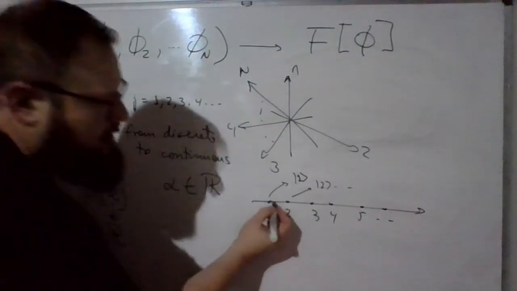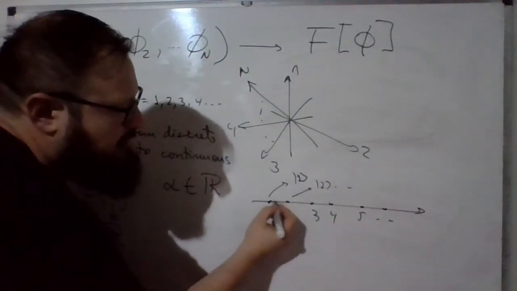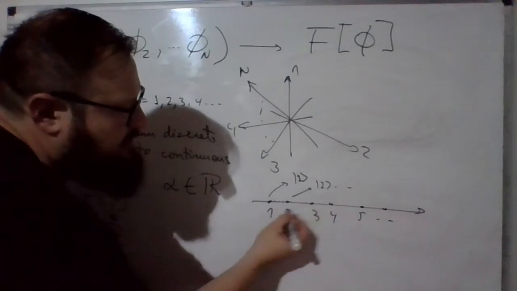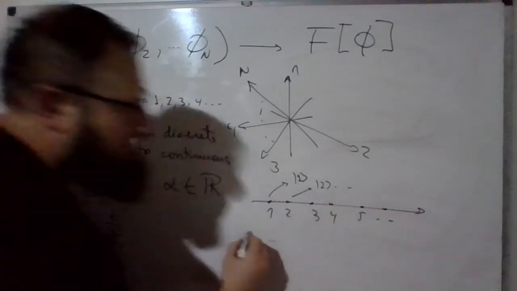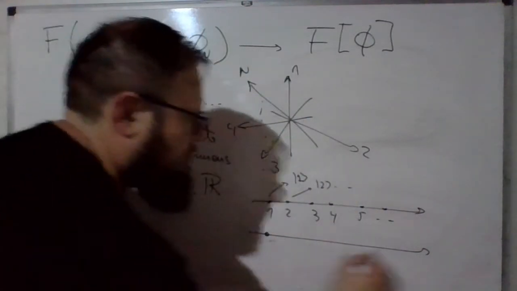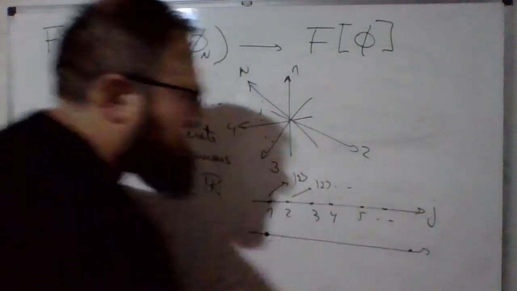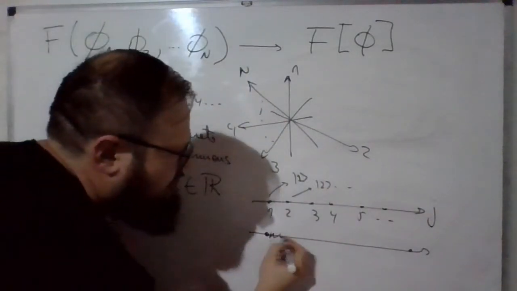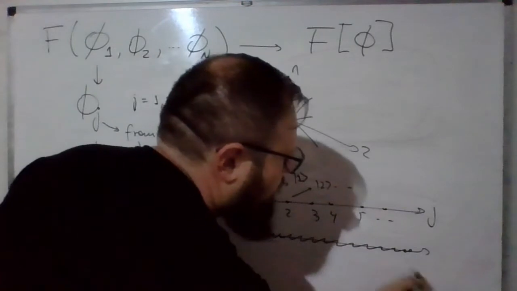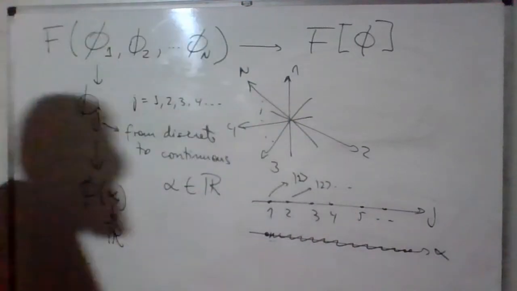But now I insert more and more points between 1 and 2, and 2 and 3, and so on. And this would be j. Now it becomes a continuum in the parameter alpha.